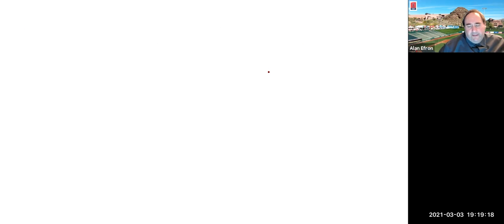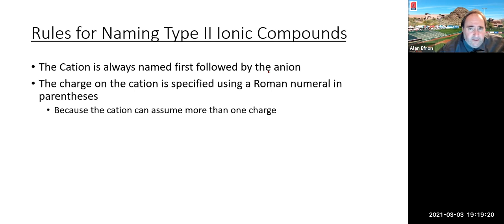So we touched upon this a second ago, but when we go to name these guys, it's pretty straightforward, just like type 1. Again, we're going to use the whole name of the metal. We're going to name the nonmetal with the -ide at the end of it. And again, no matter how many nonmetals we have, it will have no effect on the name. We just name it that way.